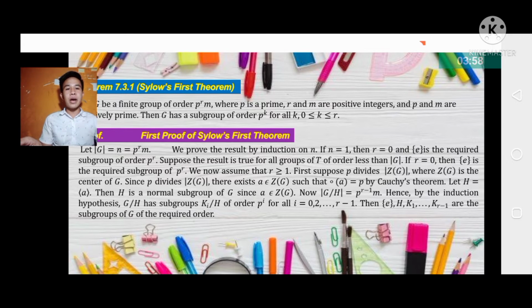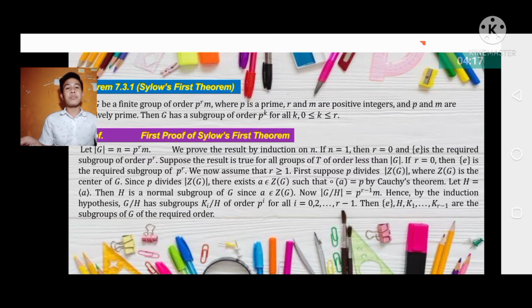Since p divides the order of the center of the group G, there exists a in the center of G such that the order of the element a is equal to p, by Cauchy's theorem.